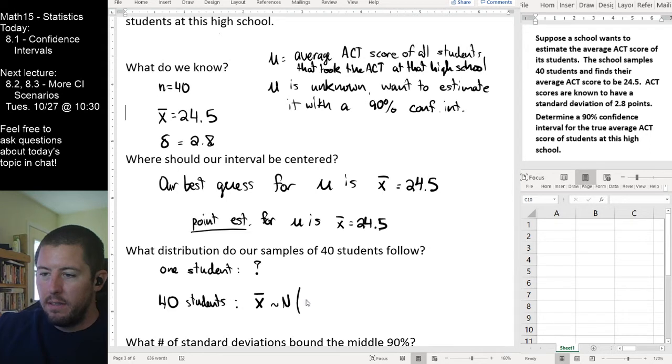Our estimate is going to be our 24.5. And our standard deviation here is like our sigma over root n, right? But really, like, that should be mu in that slot right there, right? So it's kind of like we don't really know that. But this term is going to be important. Standard error term.